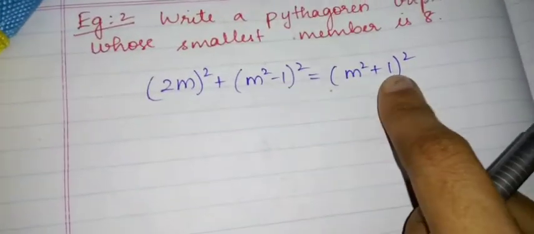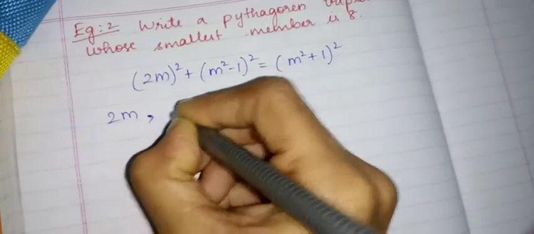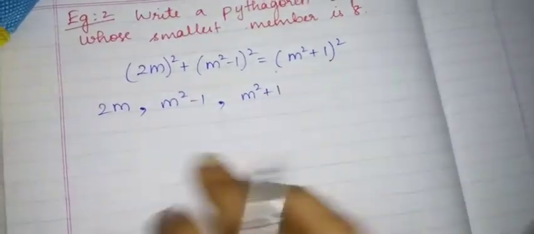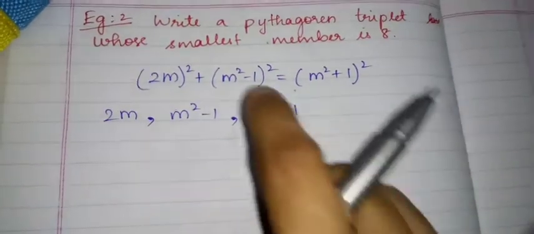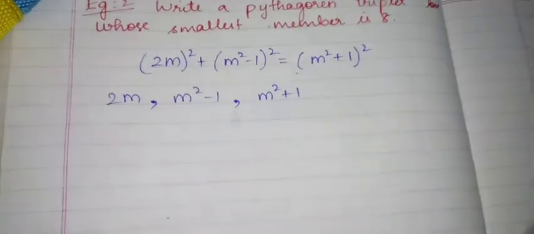If this is satisfied, the Pythagorean triplet values are 2m, m square minus 1, m square plus 1. If this condition is satisfied, then these are the Pythagorean triplet.